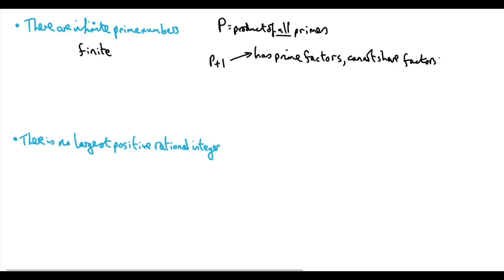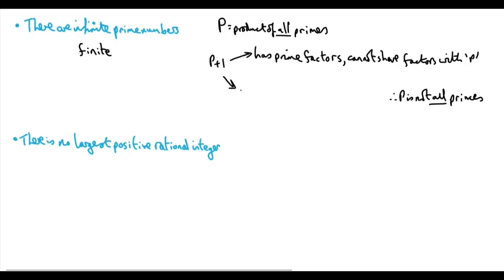If you have two numbers next to each other, they can't be divisible by the same thing unless it's just 1. But if it has prime factors that aren't factors of P, yet P is supposed to be all of the prime numbers multiplied together, this would mean P is not all primes.